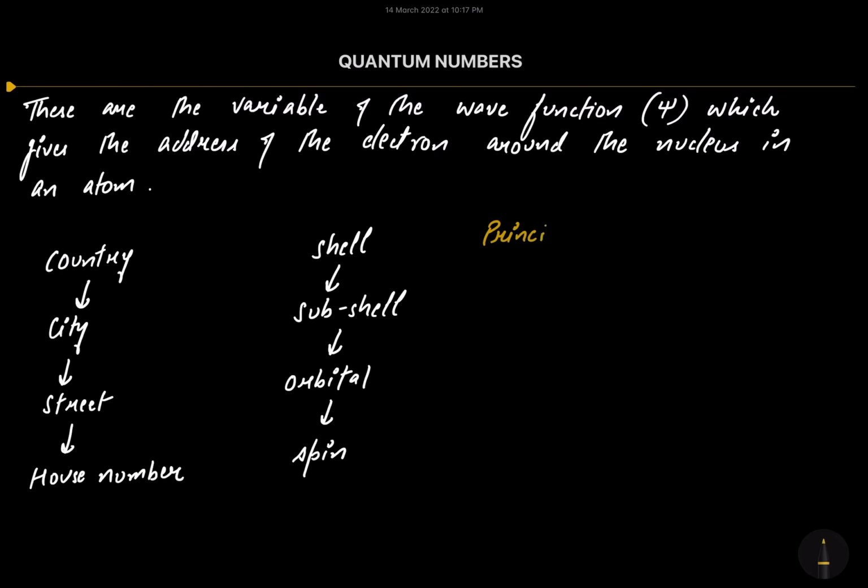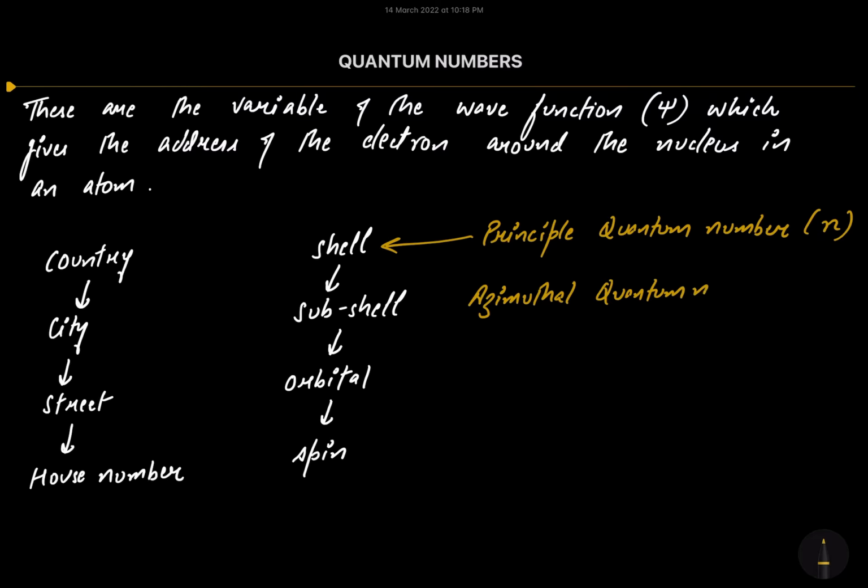Now the second variable is the azimuthal quantum number. The azimuthal quantum number is designated by a small l, and it tells about the subshell.